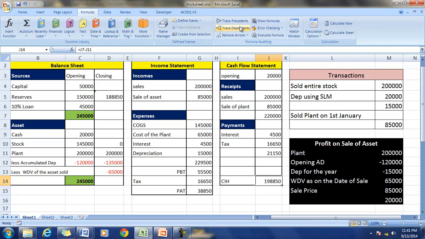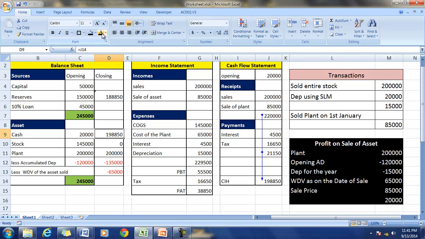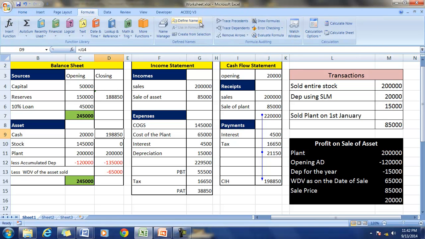So cash available is 198,850, and that 198,850 will be transferred to the balance sheet as an asset on the date of the balance sheet preparation. The profit is transferred to the reserves and cash is transferred to the asset.